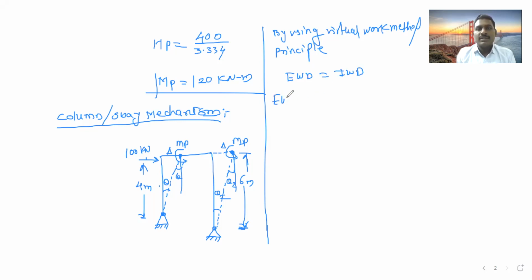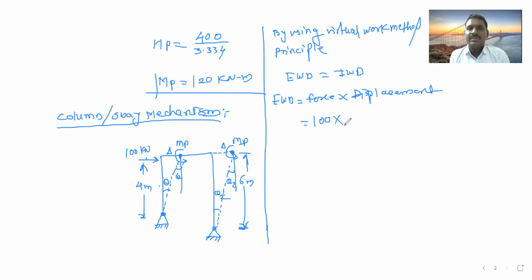Again, calculate external work done, which is equal to force into displacement. You can solve this simultaneously, no problem. So in the column or sway mechanism, which is the external force? 100 kilonewton, given, 100 into displacement delta.